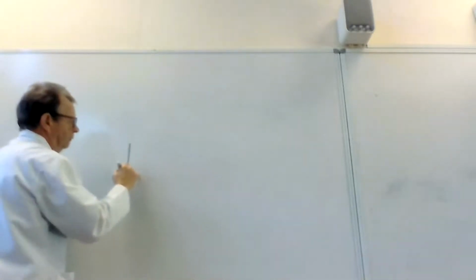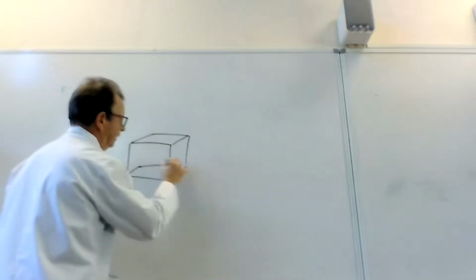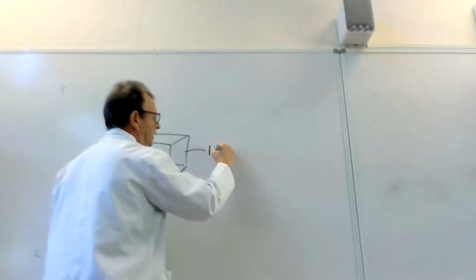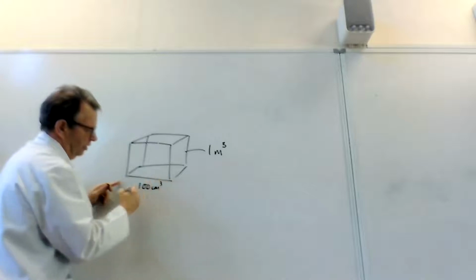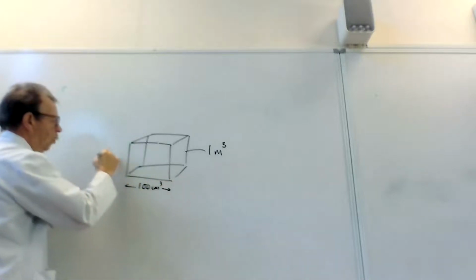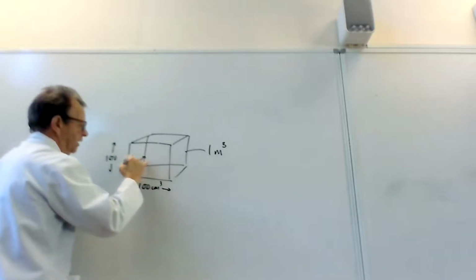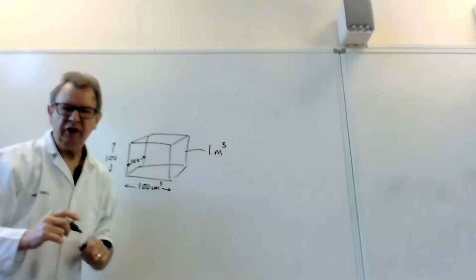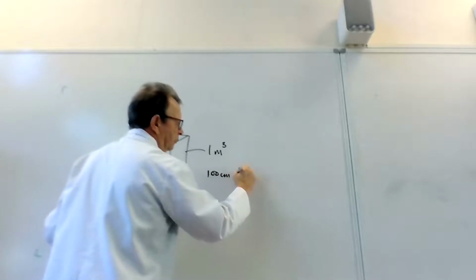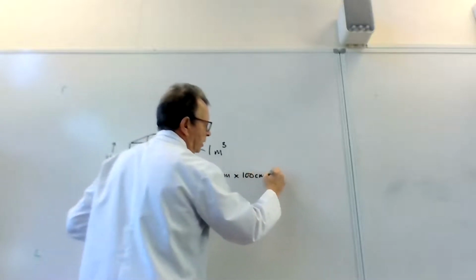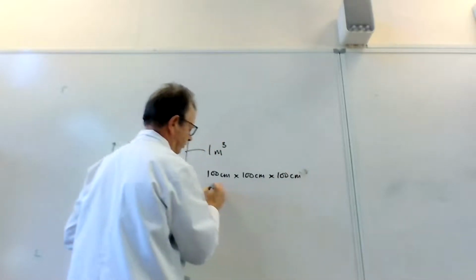A cubic meter, this is obviously not a cubic meter, this is just a cube, rather badly drawn. So if this was 1 meter cubed, that is 100 centimeters across here, 100 here, and 100 here. So in terms of cubic centimeters, it would be 100 centimeters times 100 centimeters times 100 centimeters.